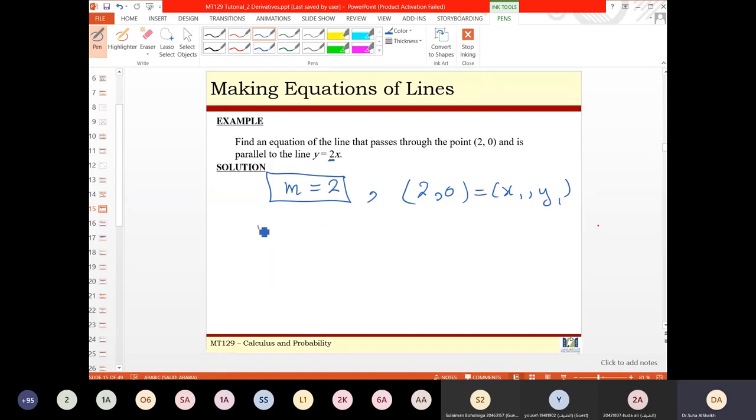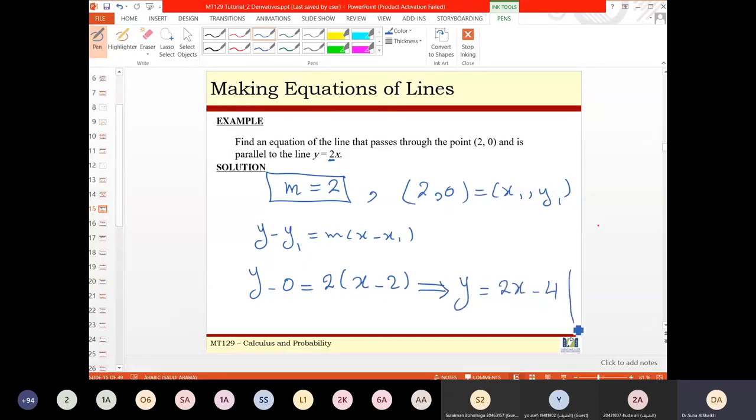In general, the equation of the line is y minus y1 equals m times x minus x1. So it will be y minus 0 equals m, which is 2, times x minus x1, which is x minus 2. So this gives the equation y equals 2x minus 4.